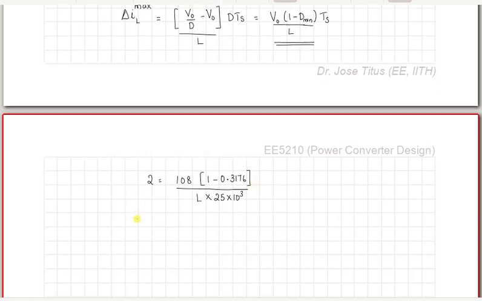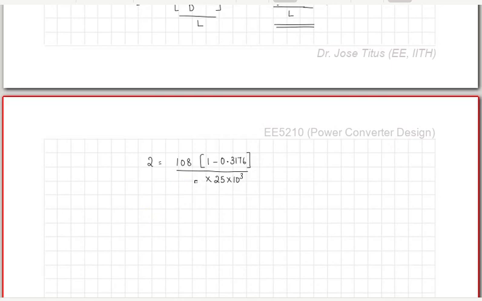So therefore, now you can calculate L directly from this. L goes here and 2 comes here, and if you evaluate this, you will get the value of L as 1.474 millihenry.